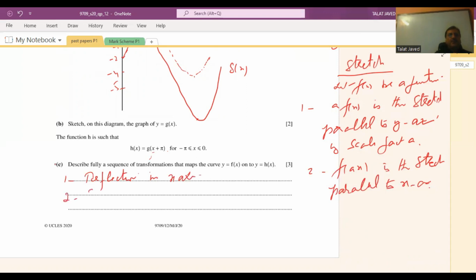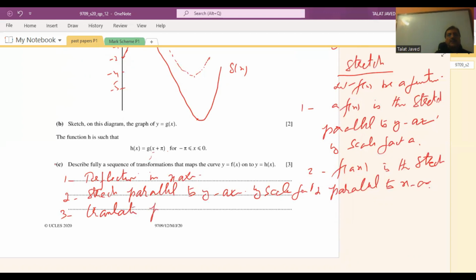Number two, stretch parallel to the y-axis by scale factor 2. Number three, translation.